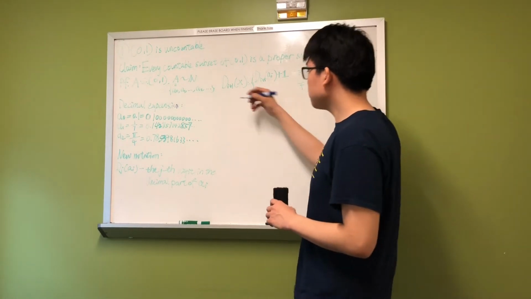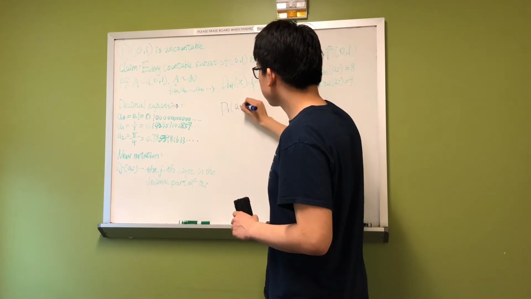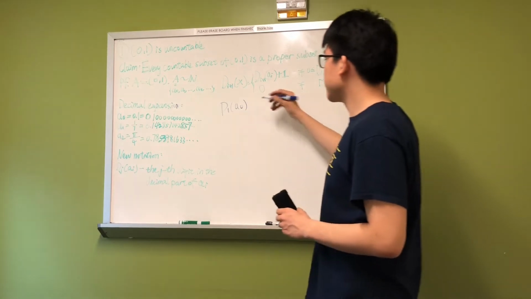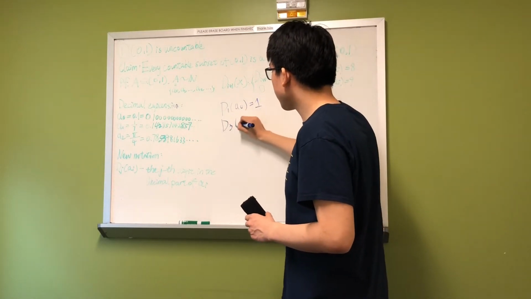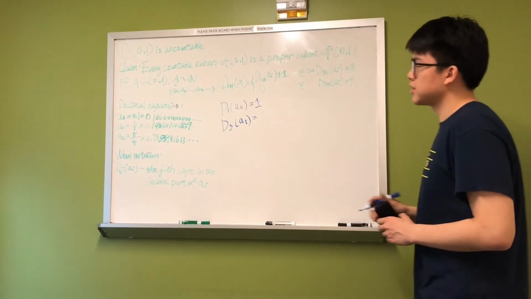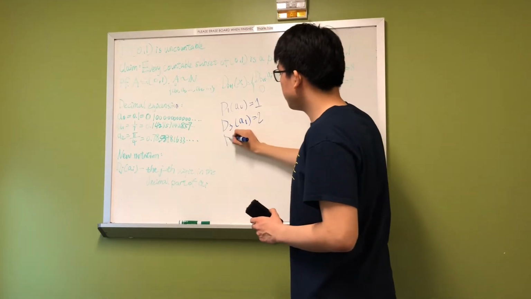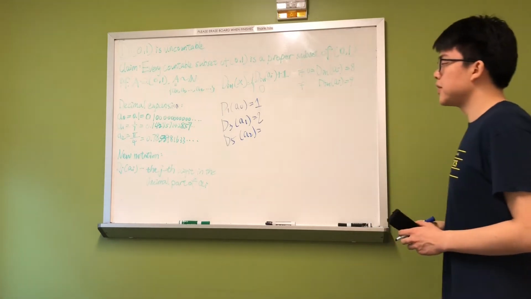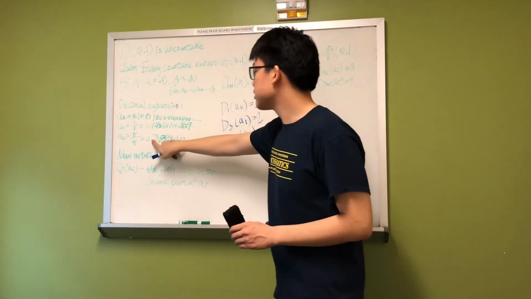D1(a0) is the first digit in its decimal part, so it's 1, and D3(a1) is the third digit in the decimal part of a1, so it's 2, and D5(a2) is the fifth digit in the decimal part of a2, so it's 9.